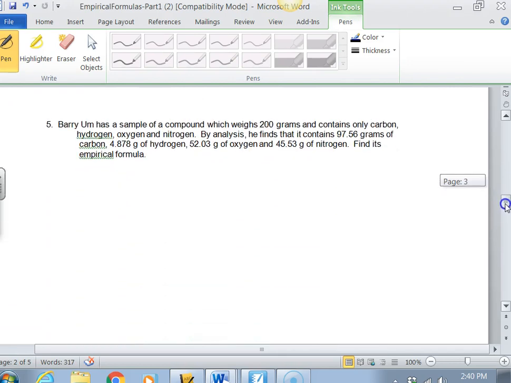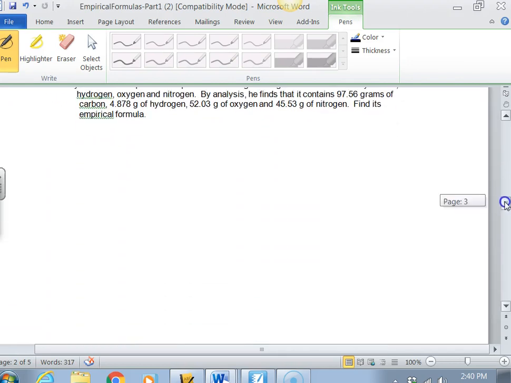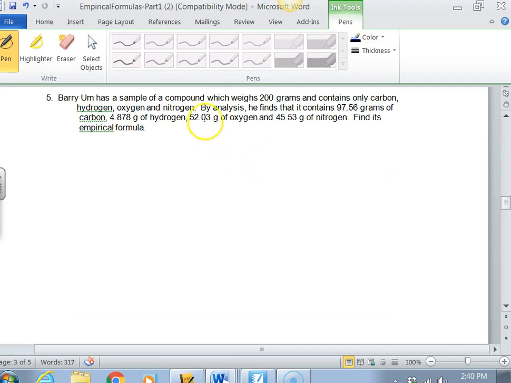All right, number 5. Barium has a sample of a compound, and it weighs 200 grams. It contains only carbon, hydrogen, oxygen, and nitrogen.